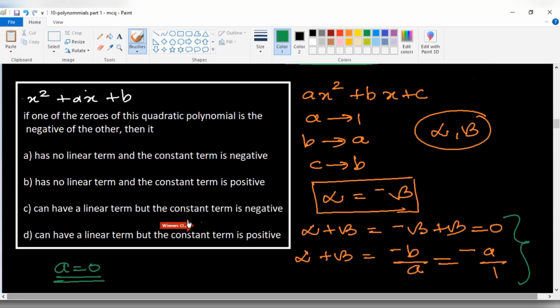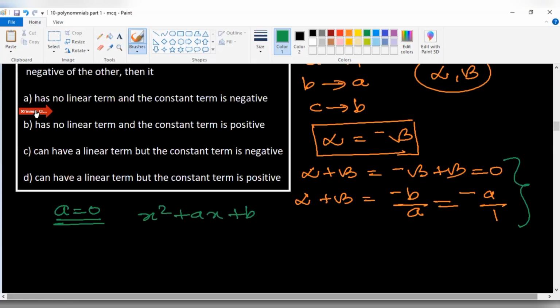Okay, the given expression is like this: x square plus ax plus b. Now a is 0 means what happens? a is 0 means that the linear term is not there. In place of a we have 0, so next is only b. That means the linear term is not there. And we have to find what about this b or constant term.